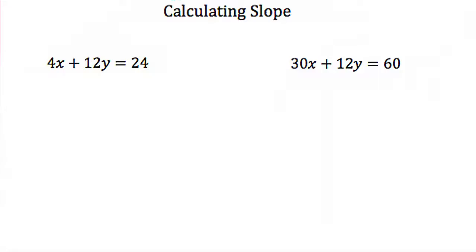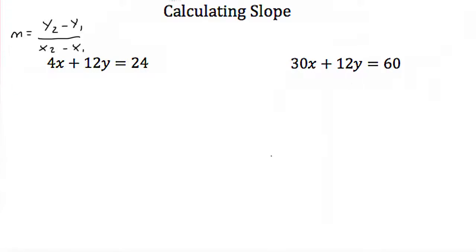Lastly, let's see if we can use the slope formula to calculate the slope from these equations. Well, we need points to use the slope formula, which is m is equal to y2 minus y1 over x2 minus x1. But we don't have any points from these equations, so we're going to have to find them.